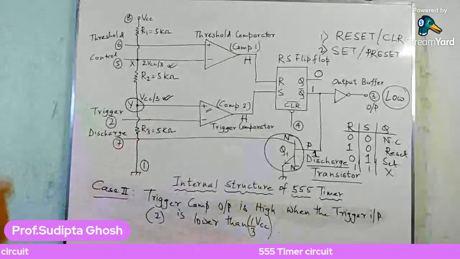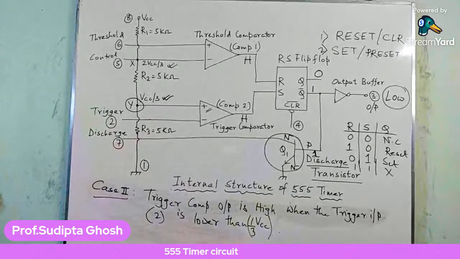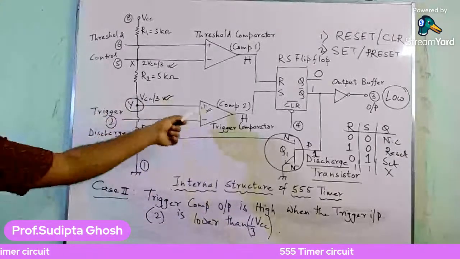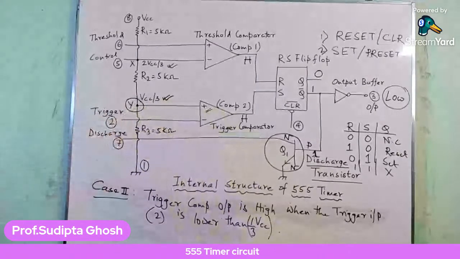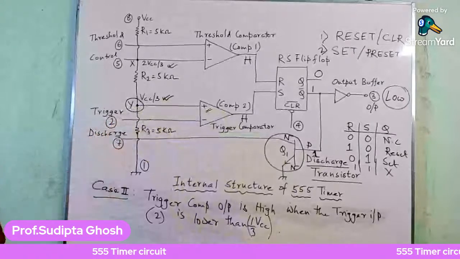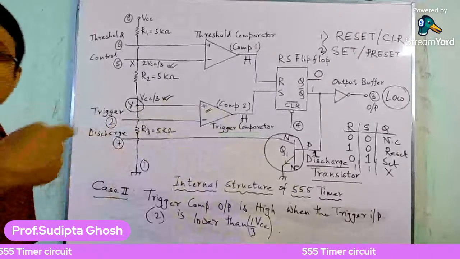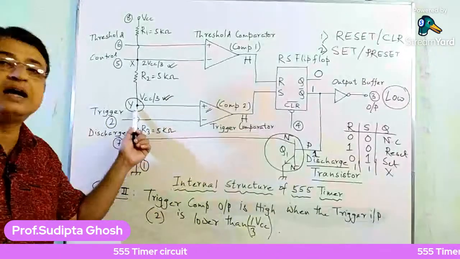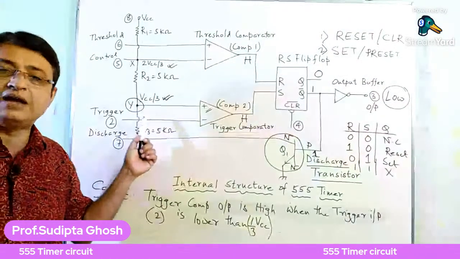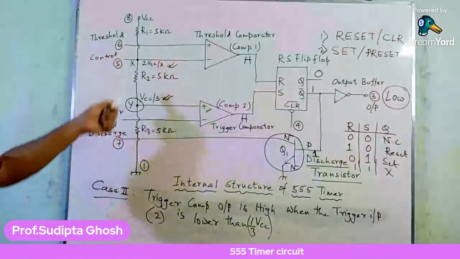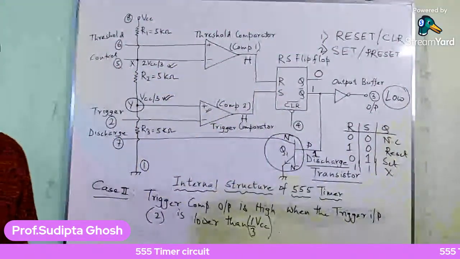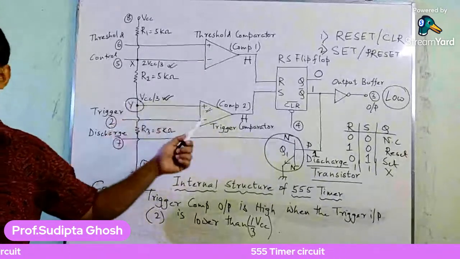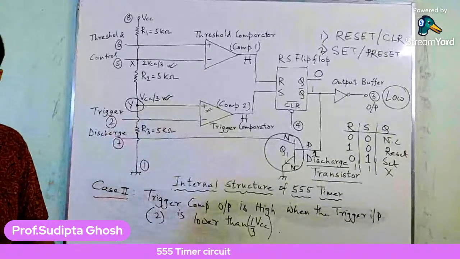The value at the non-inverting terminal, terminal Y, cannot keep increasing or decreasing, because it is a fixed value that appears from the potential divider. So this value at the non-inverting terminal of comparator 2 cannot change.